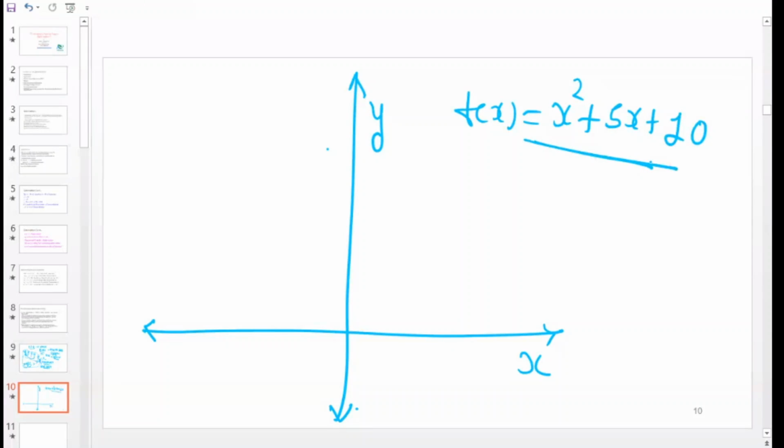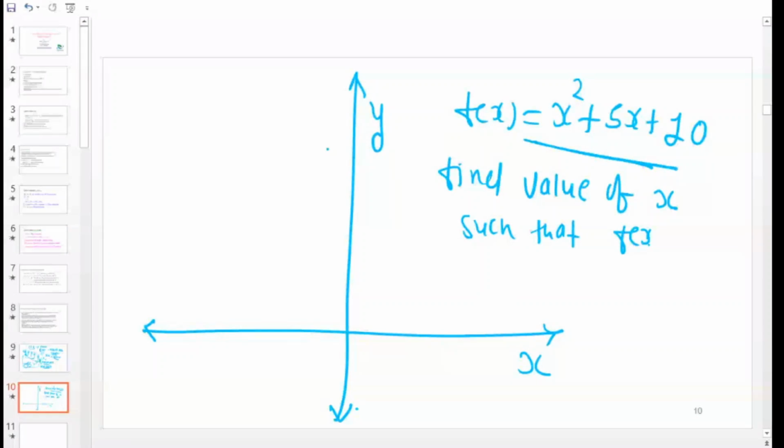This is x, this is y. I want to minimize this objective function, right? It means I want to find the value of x such that f of x gets minimum. This is the aim of optimization. We want to find x such that f of x becomes minimum.